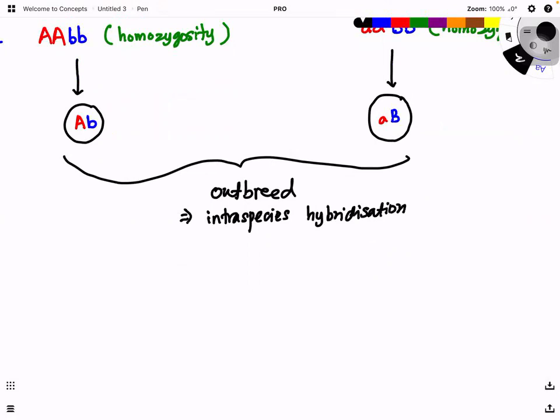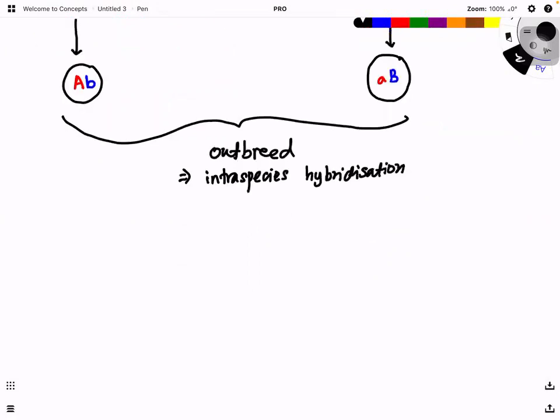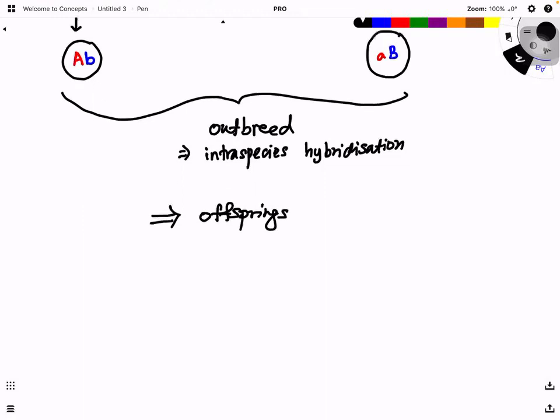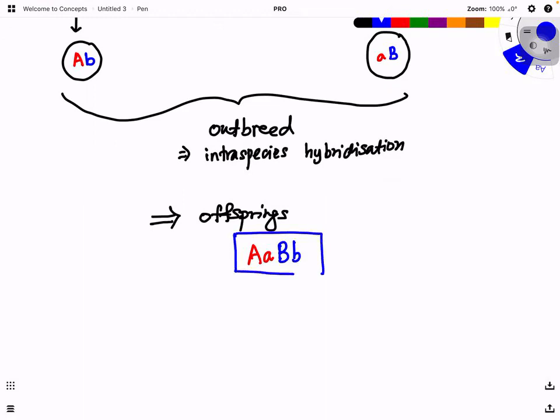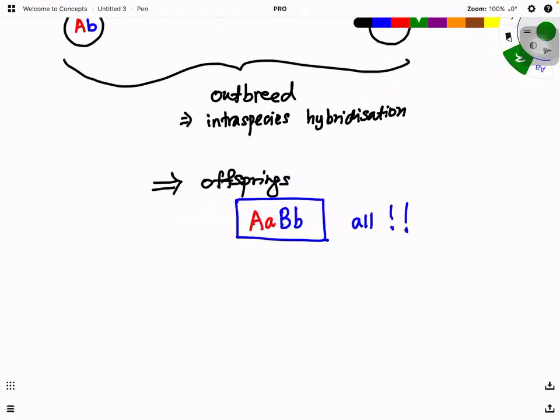So you can see what the offspring are going to have. All offspring will show big A, small a, big B, small b. Correct or not? All of them. And you realize that outbreeding now provides us what?